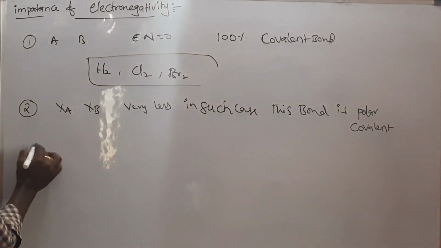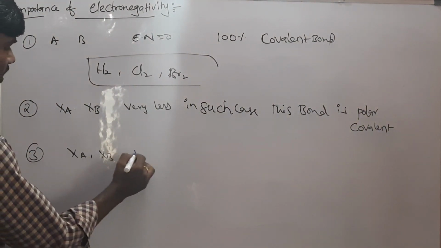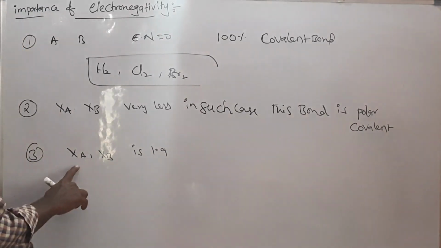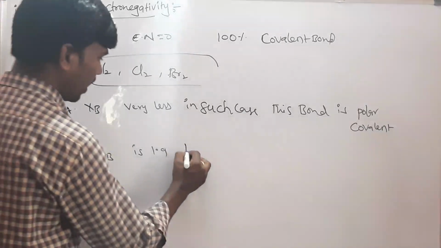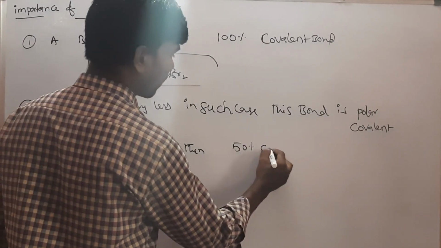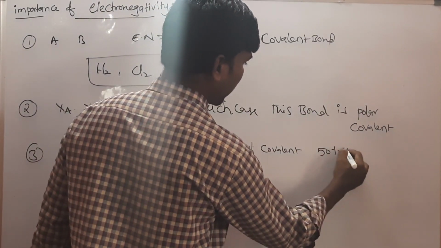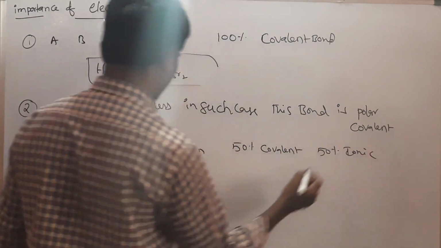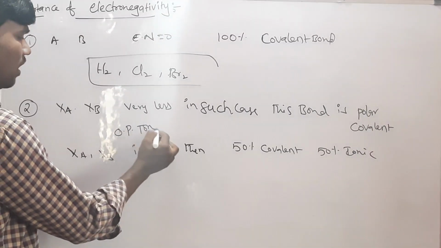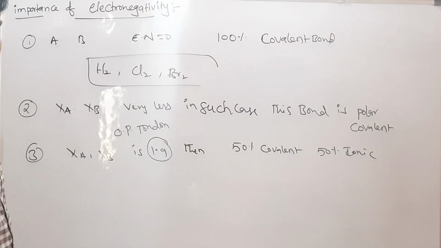And the third point, if the electronegativity difference between XA and XB is 1.9, then it is 50% covalent and 50% ionic. Actually this value is different in different books. I am following the OP Tandon textbook here, so this is a reference from OP Tandon.